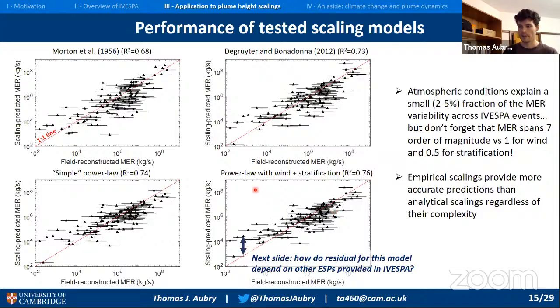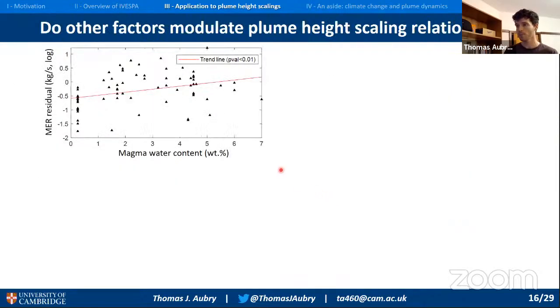And so on the next slide, I'm going to pick this empirical model here and just show you a bit more how the residual of this model depends on other eruption source parameters that we provide in IVESPA. And so again, this is the mass eruption rate residual for this model on the log scale. And here on the x-axis, I'm showing you the magma water content that we collected from a petrological study.